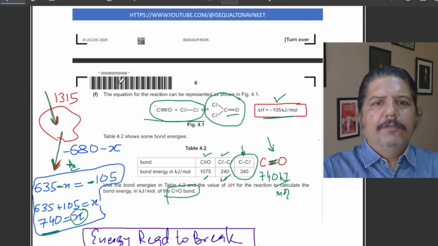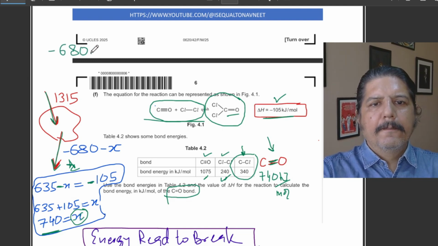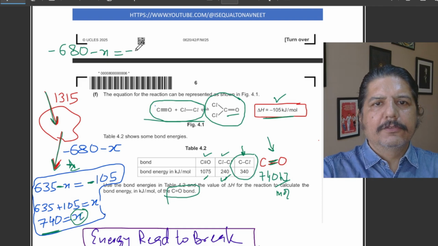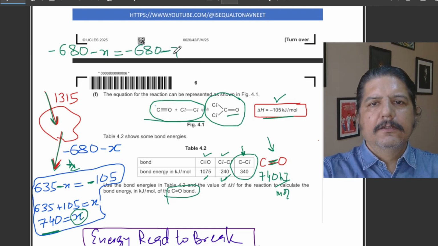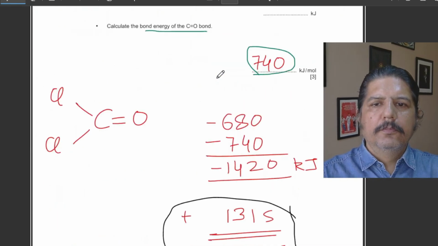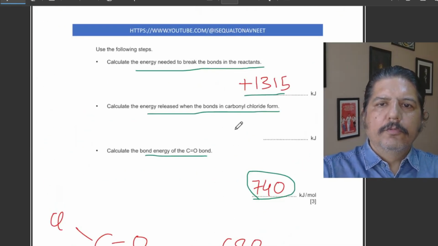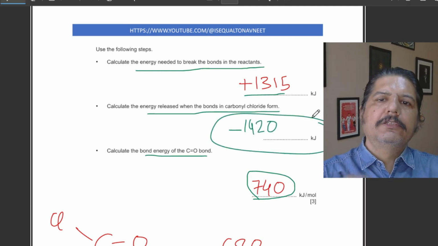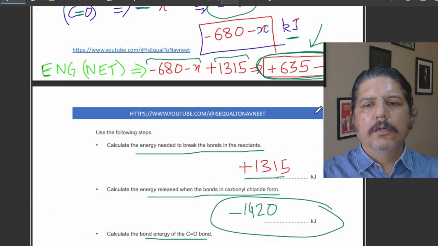The easy way of doing this is that you had already calculated minus 680 minus X. Now you know the value of X, so minus 680 minus 740, which is minus 1420. This amount of energy would be released when the carbonyl chloride is formed.